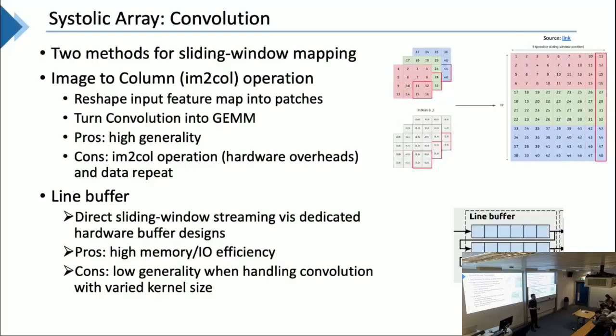But let's say your algorithm changes to a 3x3 kernel, which means 2 lines of line buffer are wasted. So it's very hard to make it general, although it's very efficient. So these are the 2 implementations which transform your convolution into matrix multiplication, representing different technical routes to implement your convolutional kernel on this matrix multiplication engine.